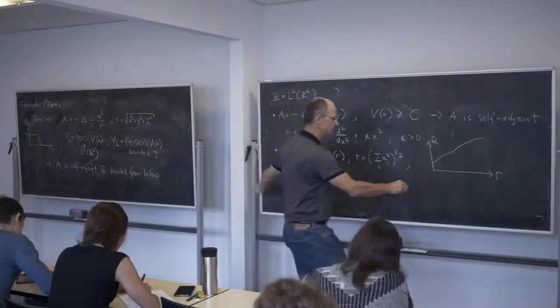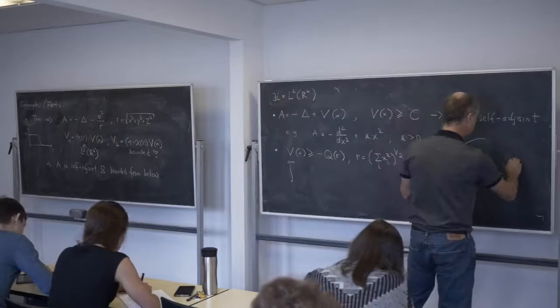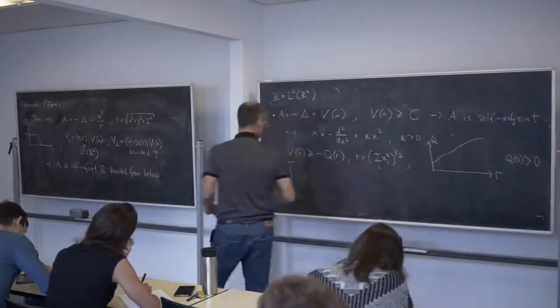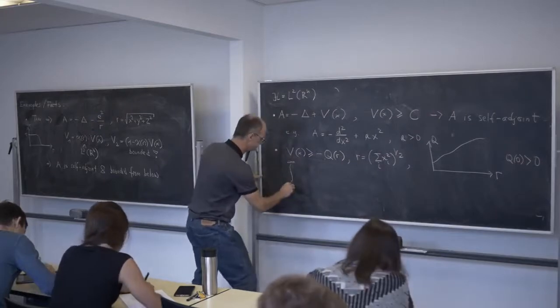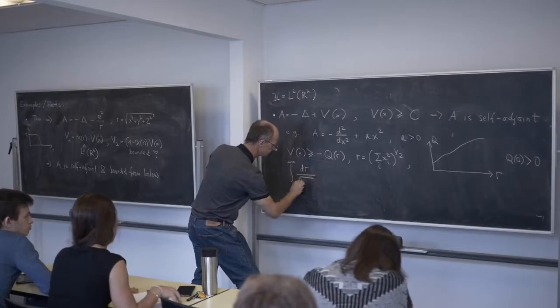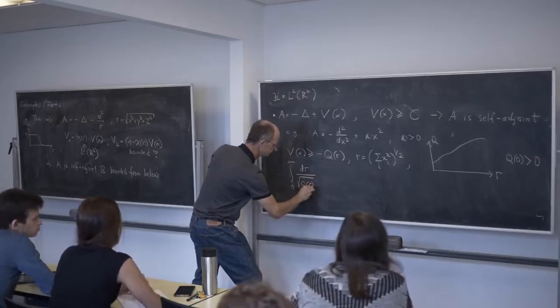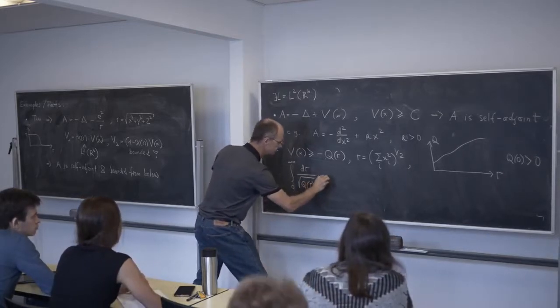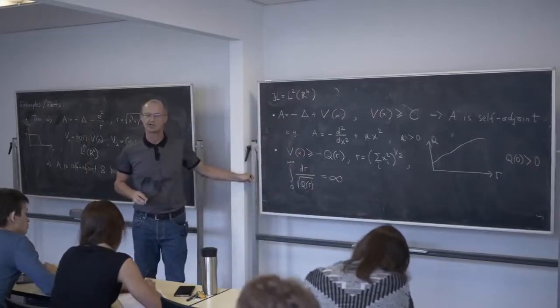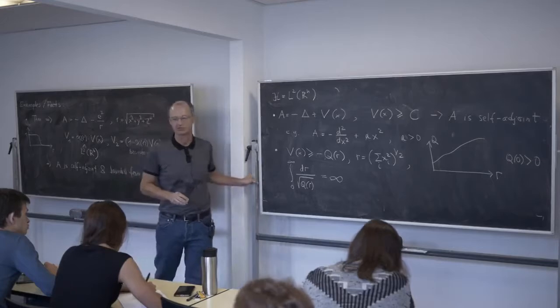Let me assume, to simplify things, that q of 0 is strictly positive. And let's assume that this integral, dr over square root of q of r, diverges.